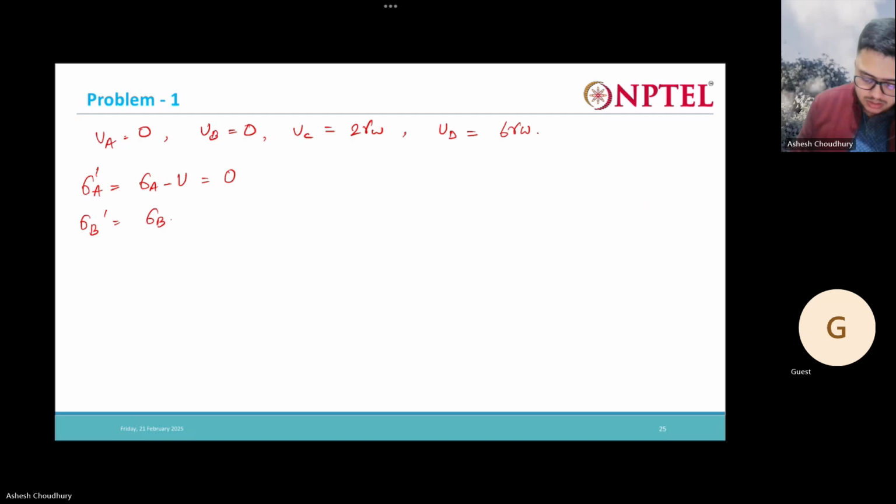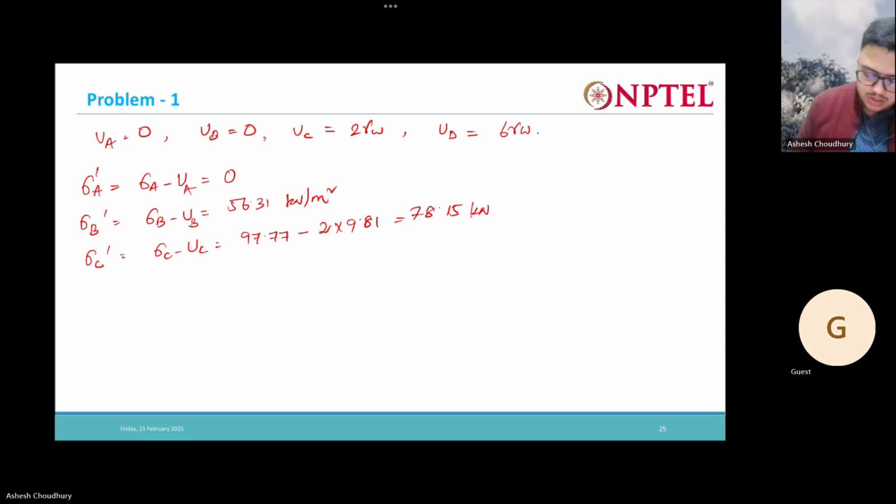At D, this will come out as kN/m square.